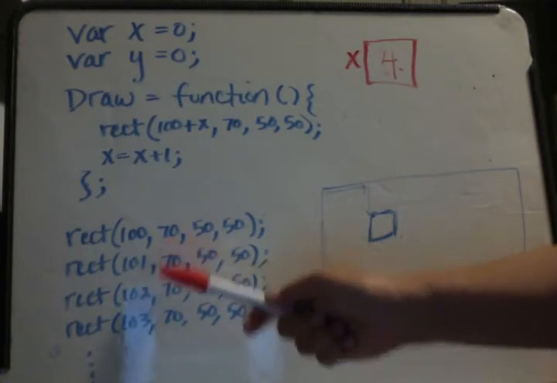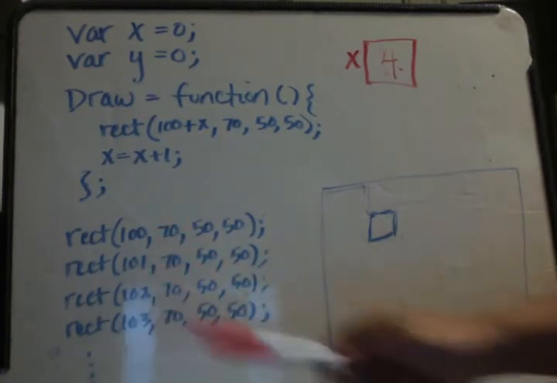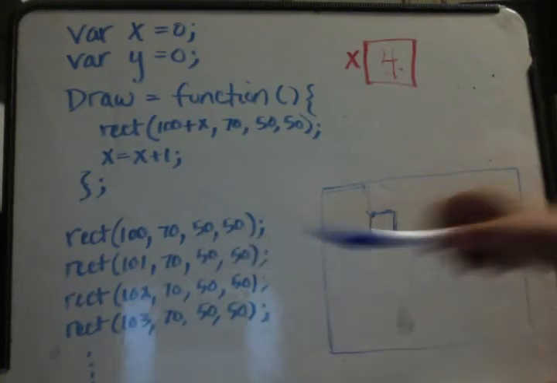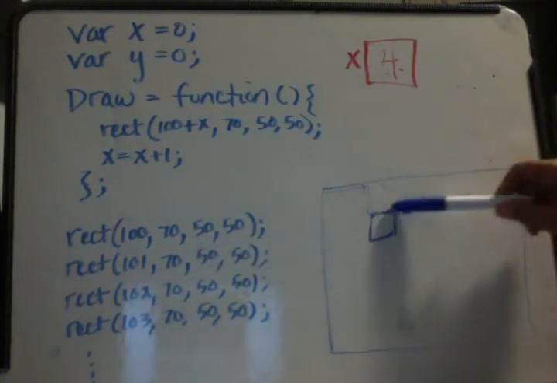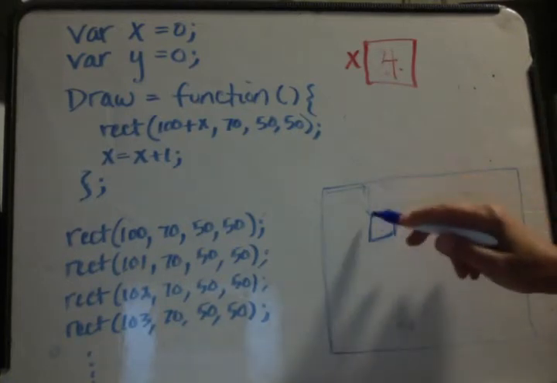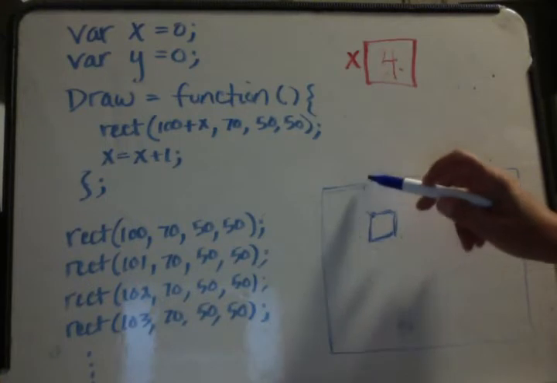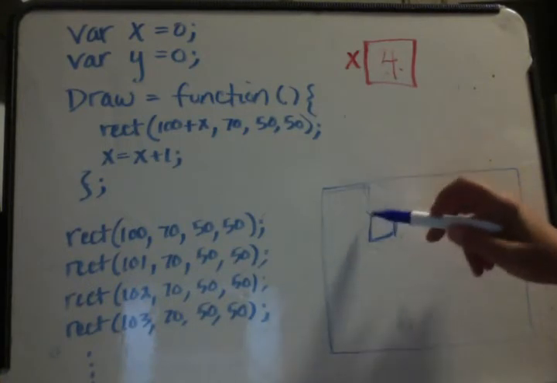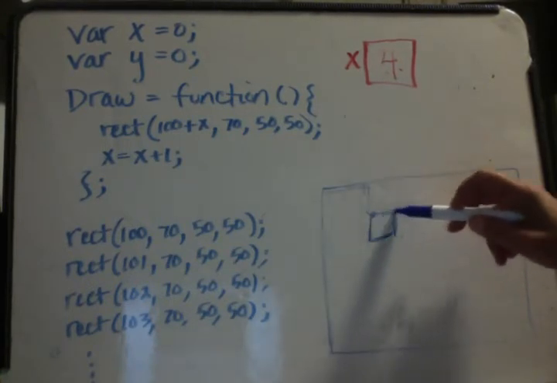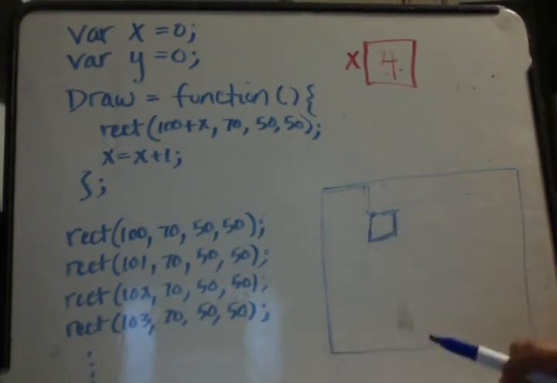So what do these rect statements look like? Rect 100, 101, 102, 103. You're going to draw a rectangle here. Let's say that's at 100, 70, and this is 50 and 50. Remember, this is the 100, 70 as x, y, and then this is going to be the length and the height.